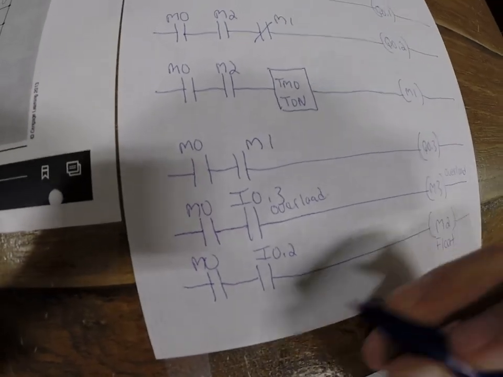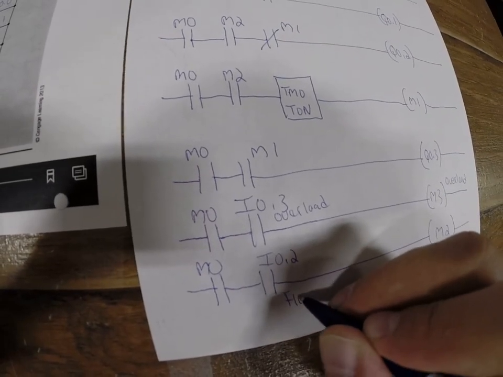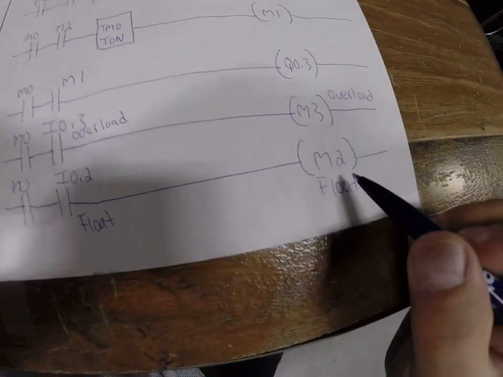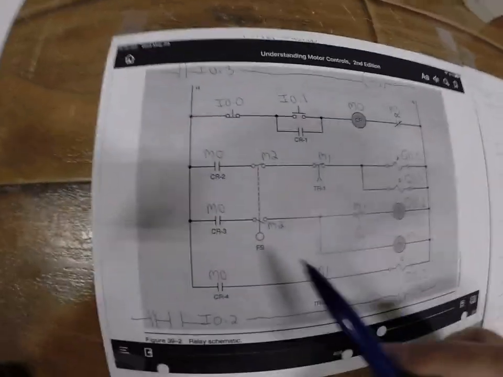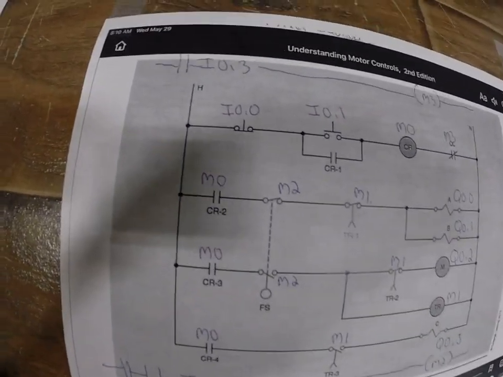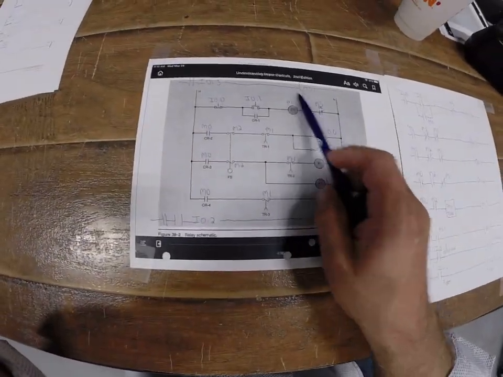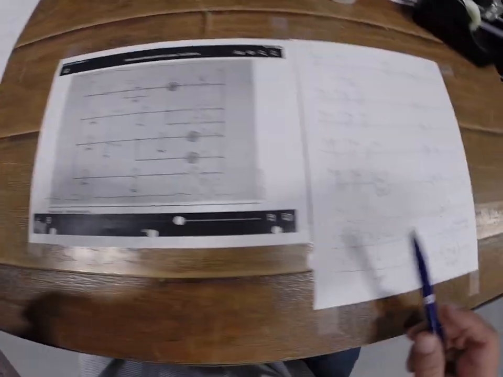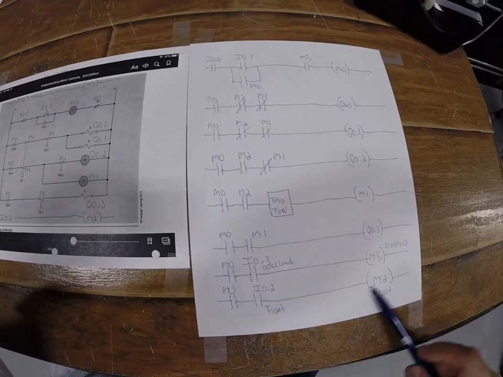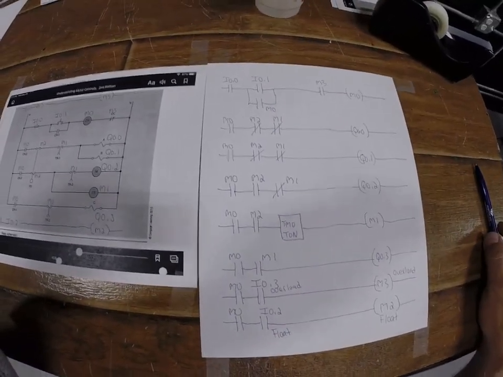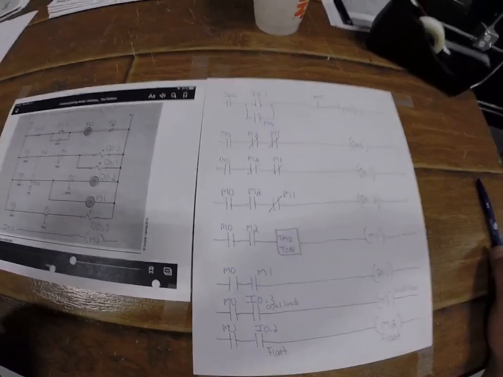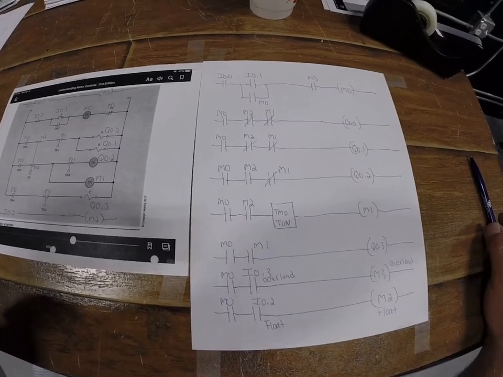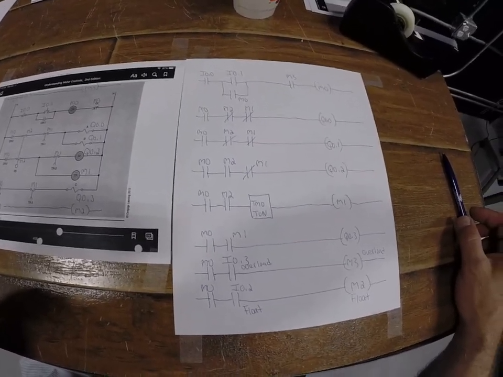Now it's important that you sketch these out. Remember where these M2 belong? They belong to the float switch. So we actually have to turn this into this so that the PLC can actually be happy with that. Now in the next video, we're going to put this into the computer and I'll show you how that's going to work.